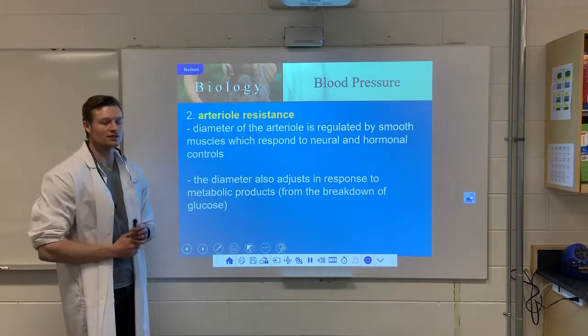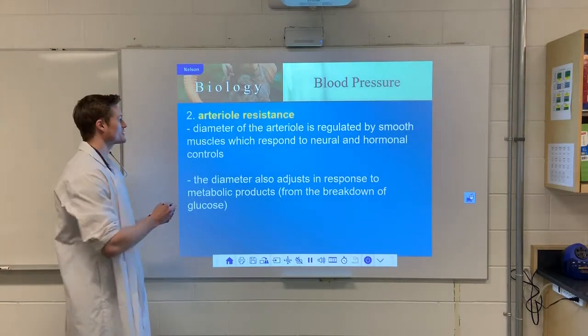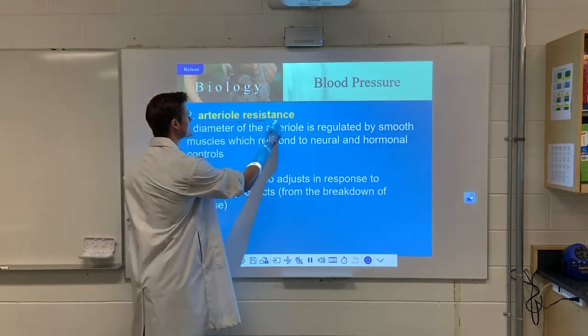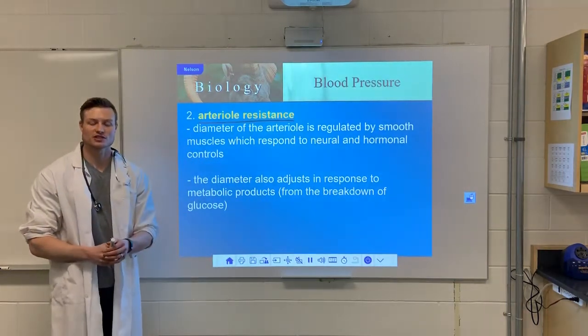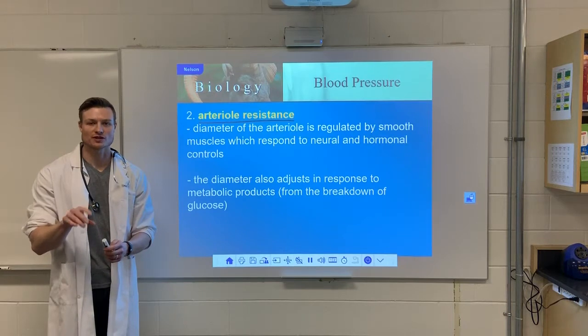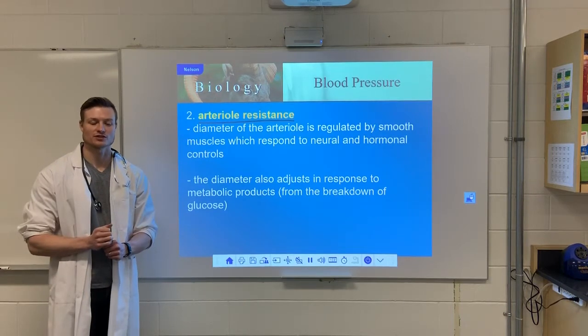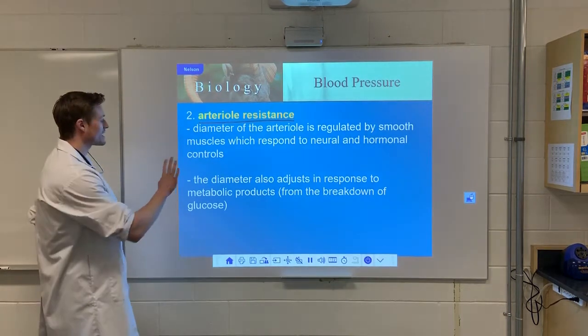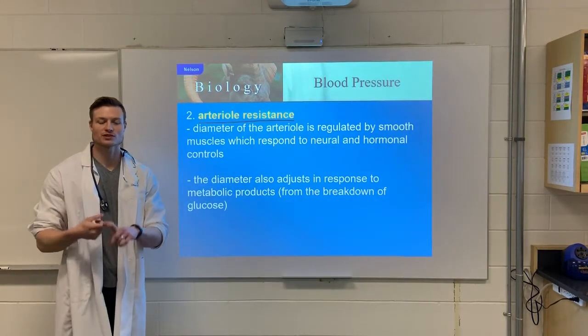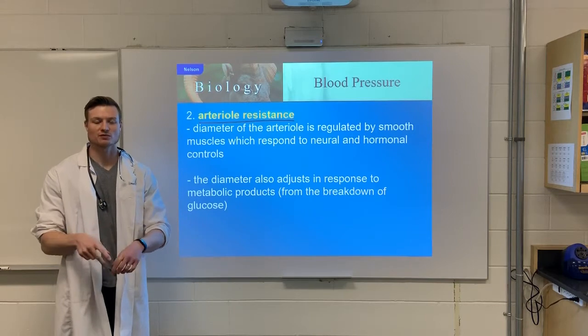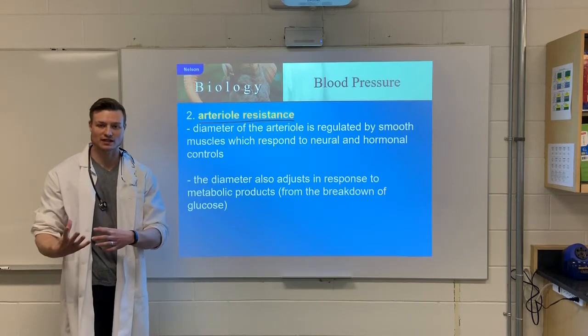The second factor that can affect blood pressure is arterial resistance. Remember, the diameter of the arterioles can change. These are the smaller arteries, arteries branching off into arterioles. As the diameters change due to hormonal responses and nervous system responses, there can be vasoconstriction or vasodilation.